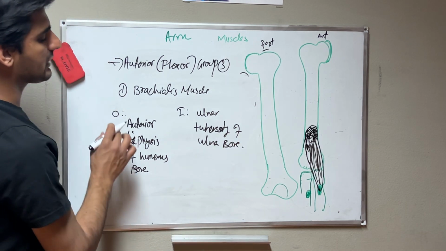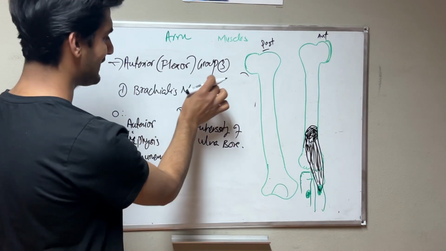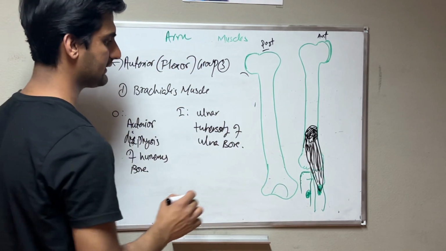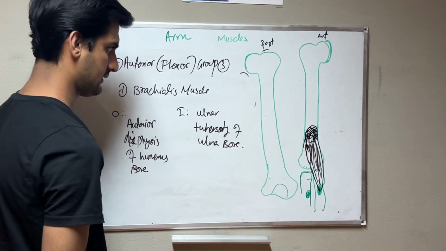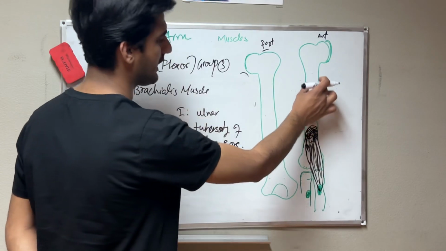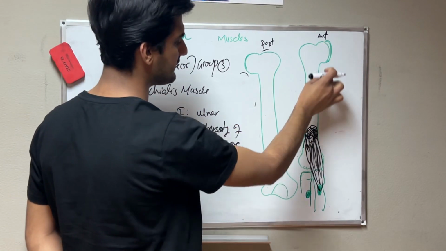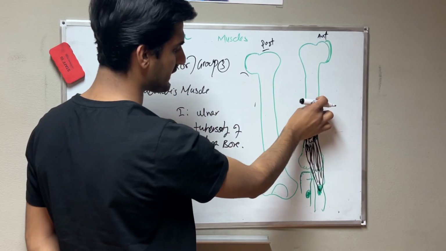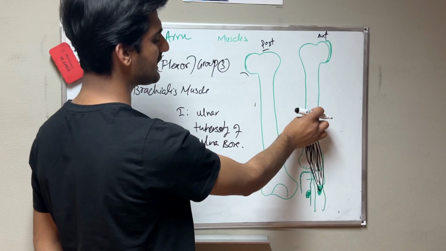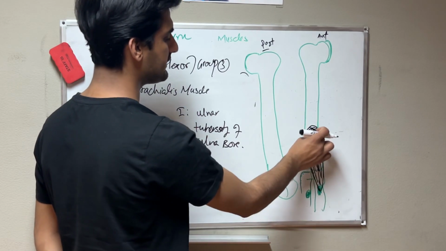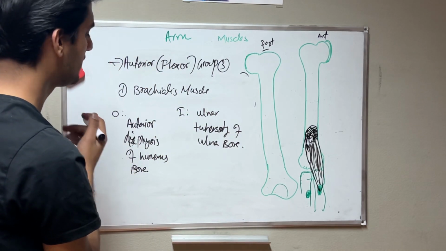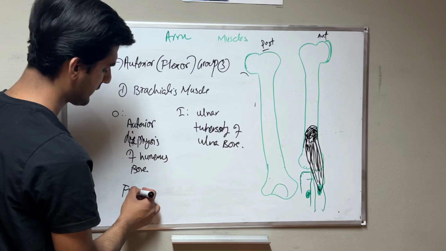These are the origin and insertion of the first muscle of the anterior flexor group, the brachialis muscle, which originates from the anterior diaphysis of the humerus bone and is inserted into the ulnar tuberosity. In a bone we have the proximal epiphysis, the diaphysis and the distal epiphysis, and since this is the anterior view, we call it the anterior diaphysis.